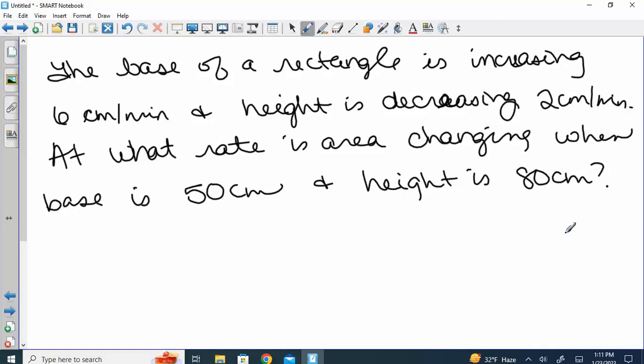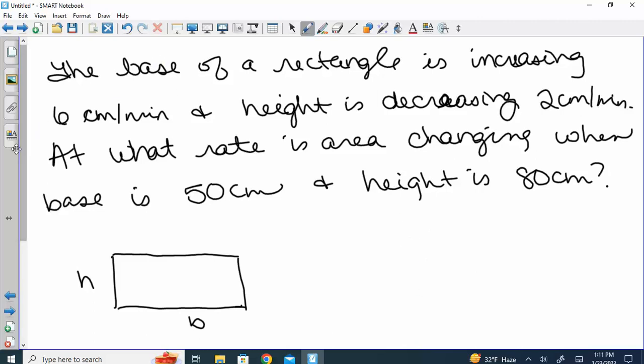So what would I do? Make a picture. Kind of threw you. I said base and height, which you usually hear me use when I'm talking about triangles, but this did say rectangle. So you can call it base and height. You can call it length and width if you like, whatever.